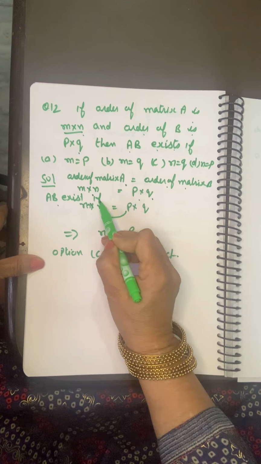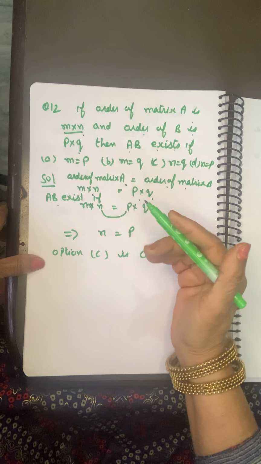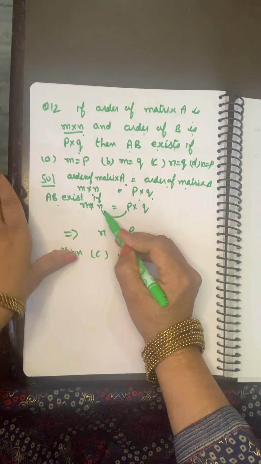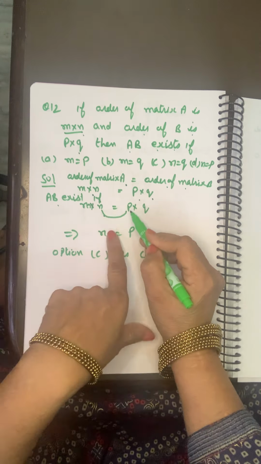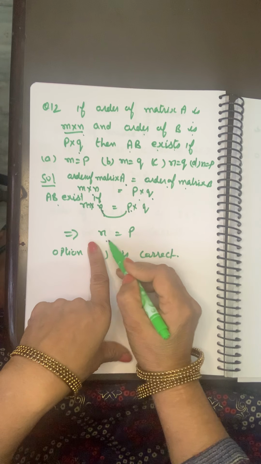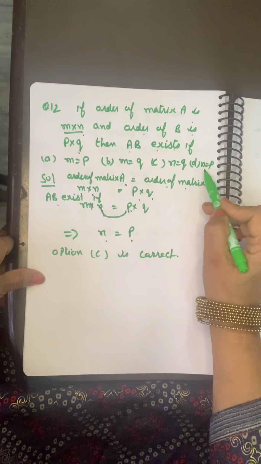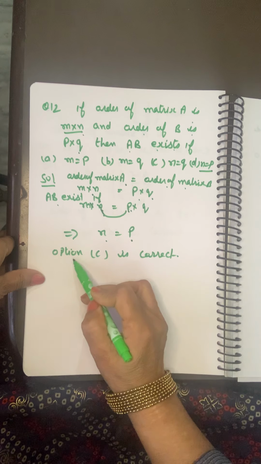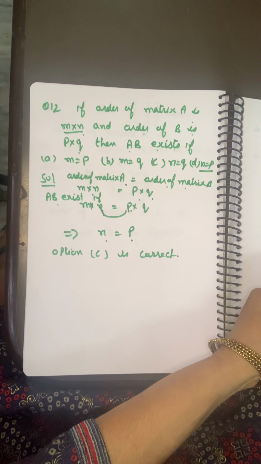If AB exists, it means multiplication exists. The number of columns should equal the number of rows of the second matrix. So the answer is n equal to p. Option C is the correct option.